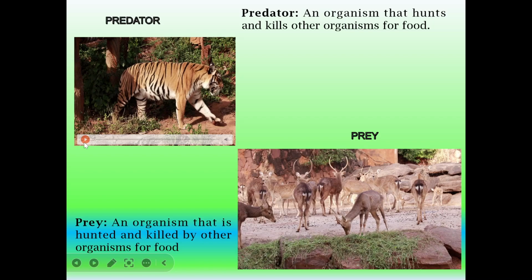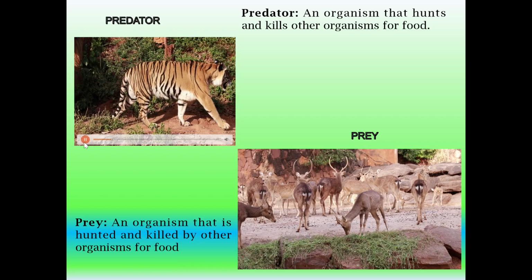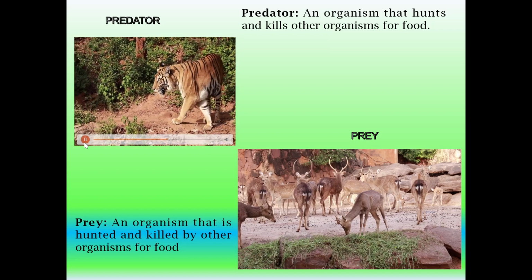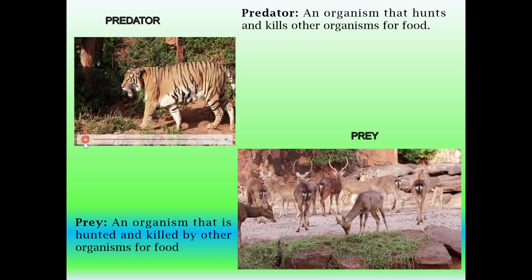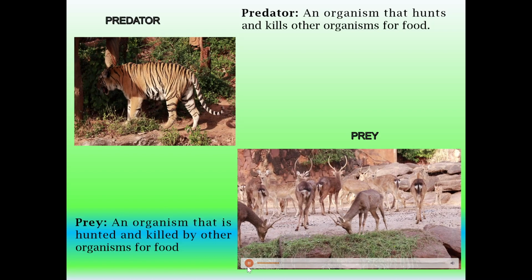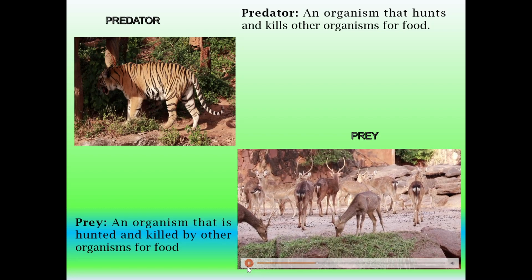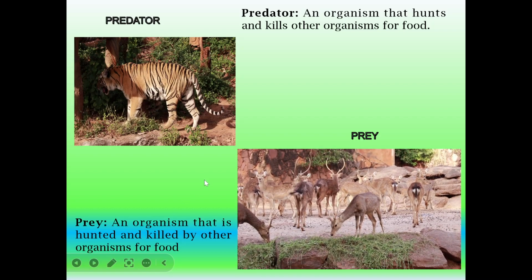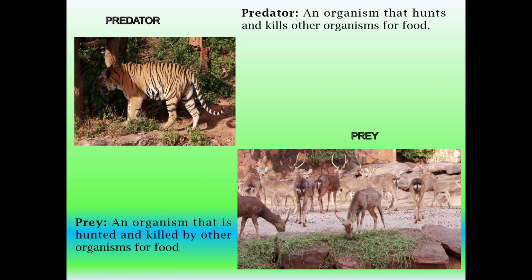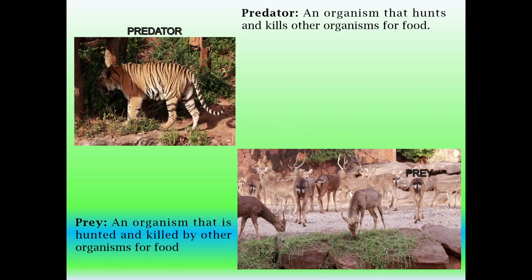Tiger is an example for predator because it is an organism that hunts and kills other organisms for food, while deer is an example for prey because it is an organism that is hunted and killed by other organisms for food. So, on studying about predator and prey, we can say tiger is a predator and deer is a prey.